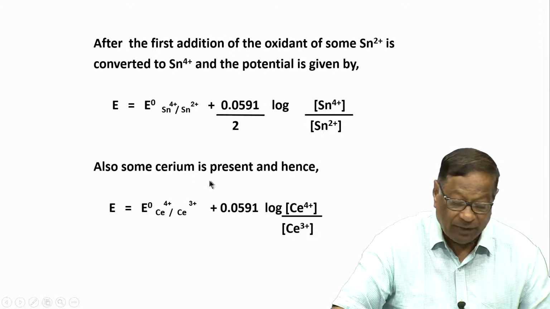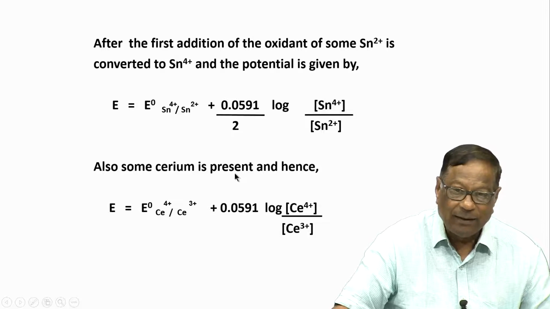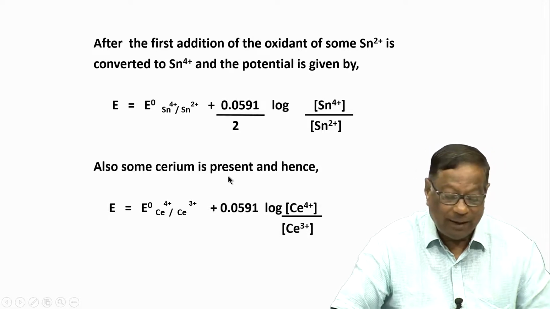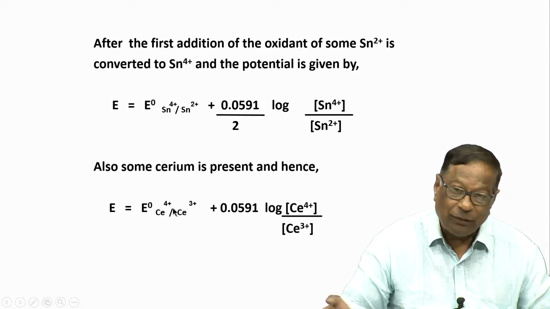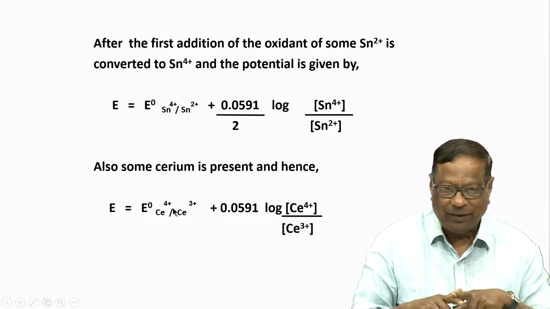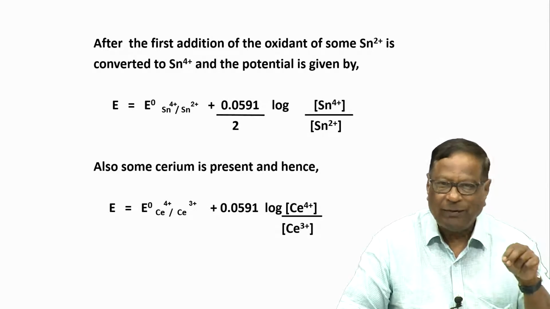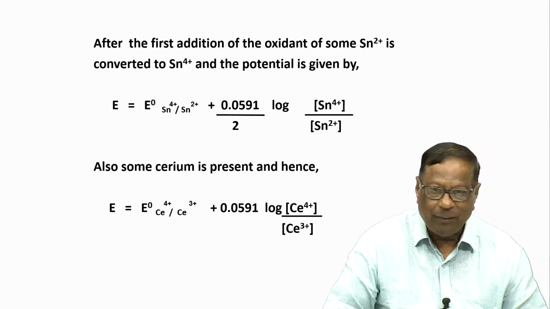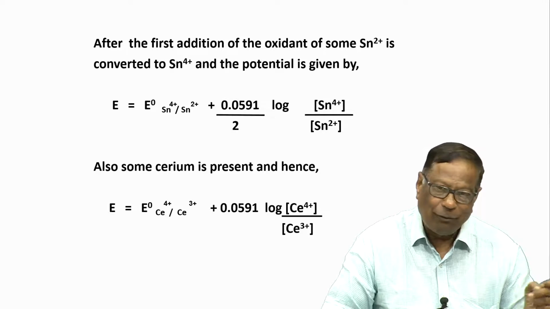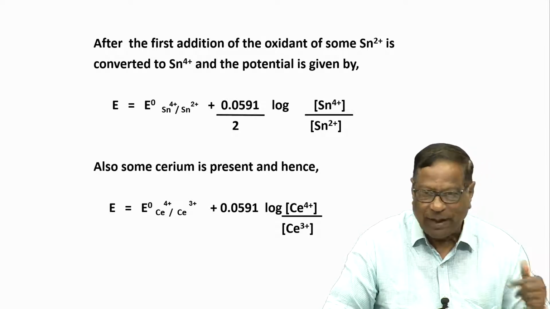Then after some cerium is present, we add a little bit, and then what do we have? We also have another system where ceric cerous will be present, because we have added ceric ion that is used up for the oxidation of stannous.